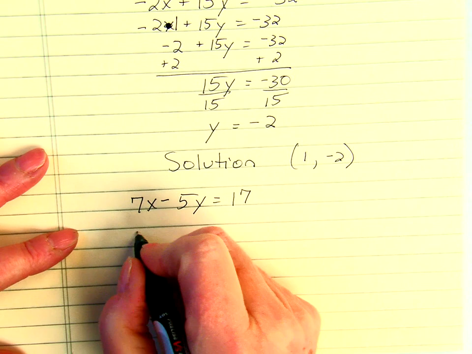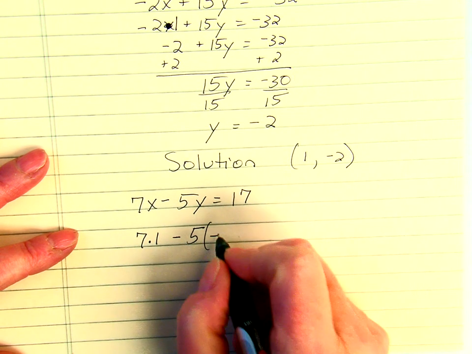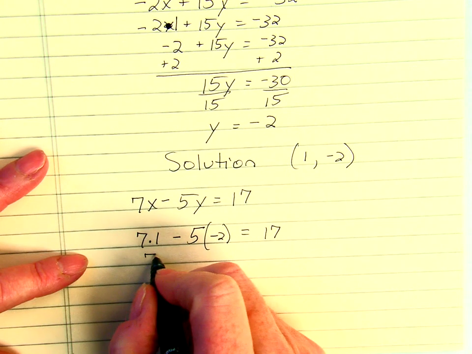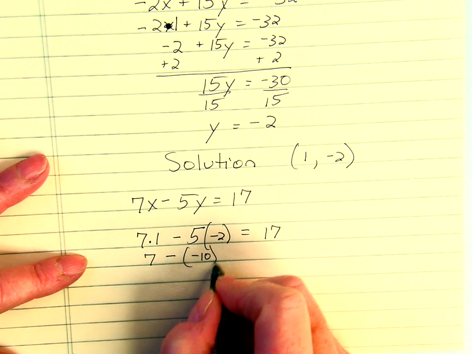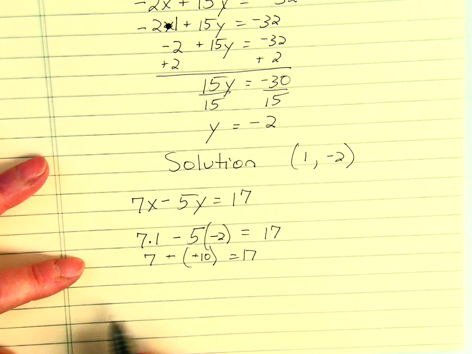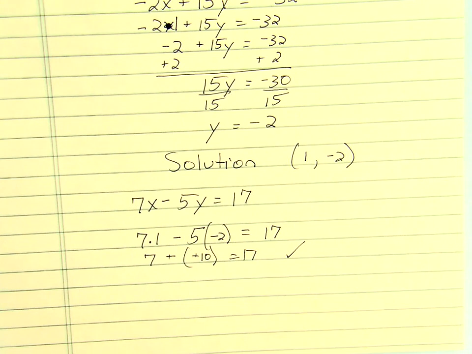Using my solution point, so 7 times 1 minus 5 times negative 2 equals 17. So this is 7. And here I've got minus, and this is negative 10. So if I just go ahead and do that, I can see that 7 plus 10 does equal 17. And so my answer is correct.